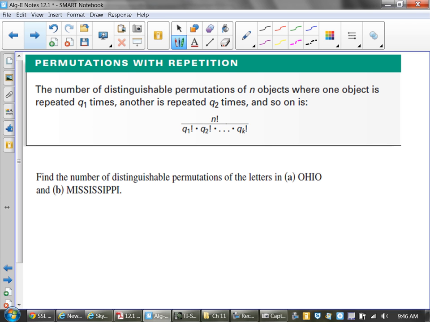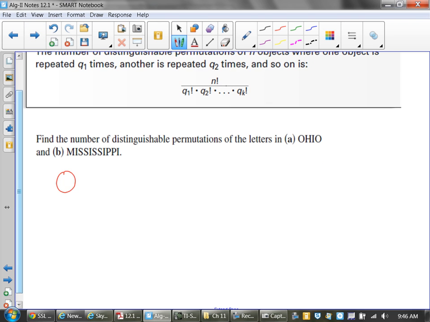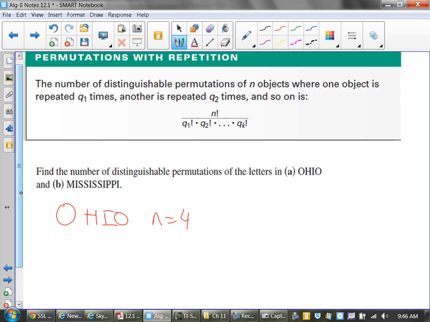So in this case, what's happening is, if they take a word, for example, we'll take the word Ohio. The number of letters is 4. How many letters are repeated? Well, how many times is it repeated, I should say? O is repeated twice.